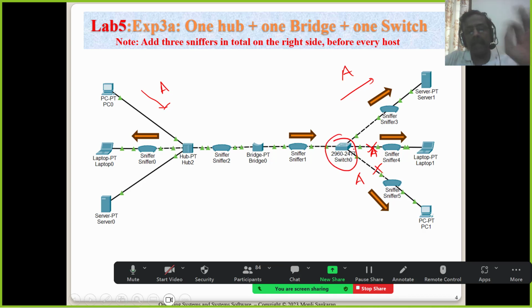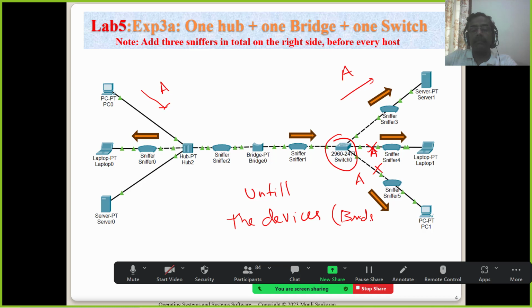There is one caveat here. Until these devices, bridges and switches, learn who is where.